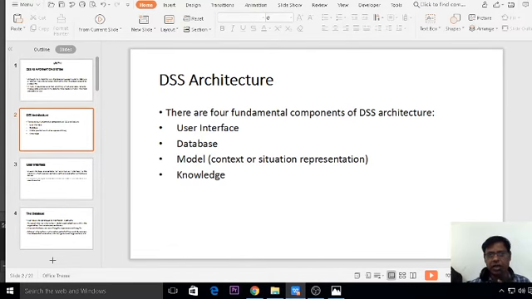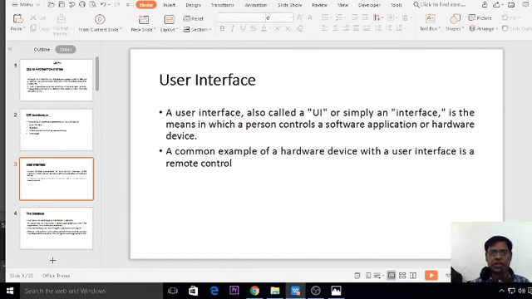So here the architecture is explaining four components: user interface, database, model and knowledge. Just now I said the user interface is nothing but a human communicating with the system. A user interface is also called a UI or simply an interface. Interface is nothing but this language is an interface.